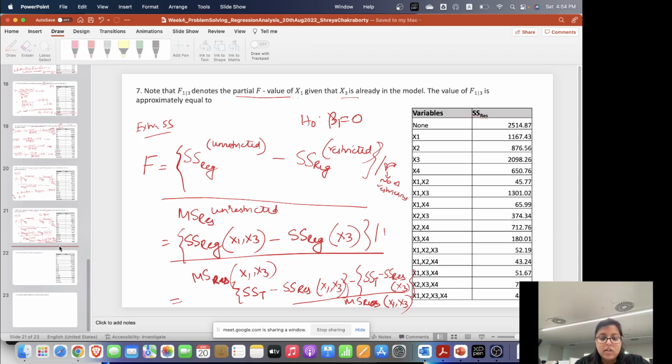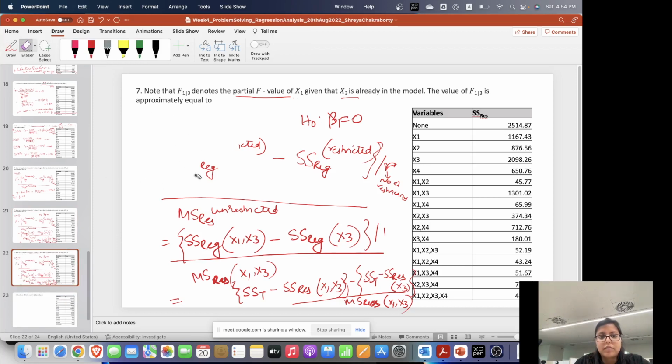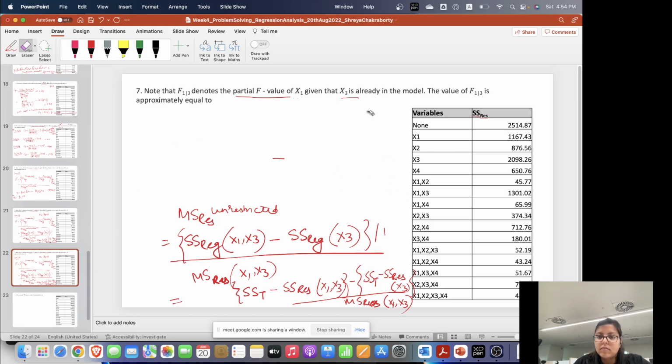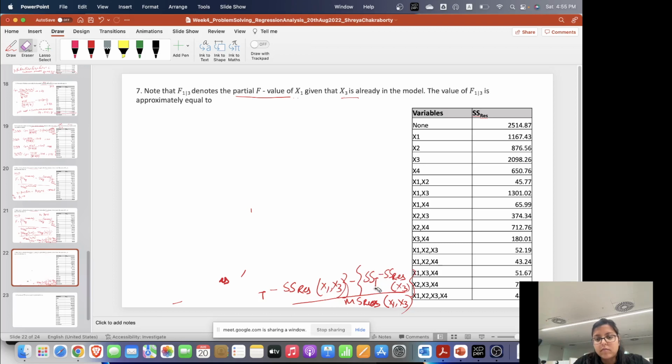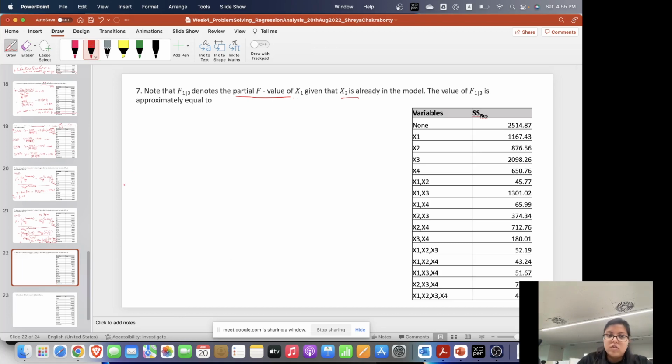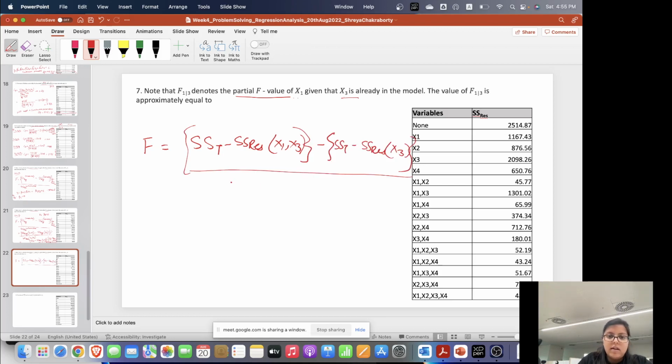So if we do the calculation, here we have F equal to SST minus SS residuals due to x1 x3, minus SST minus SS residuals due to x3, by MS residuals x1 x3.